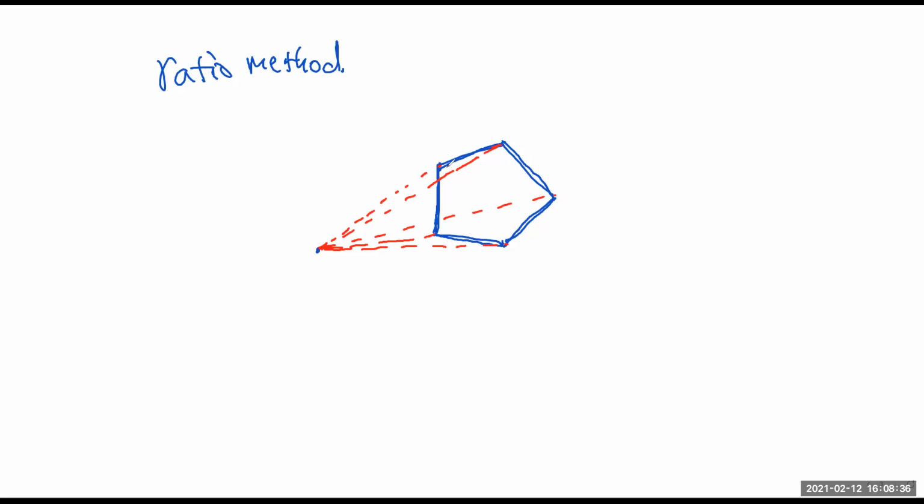So now, if you want to scale by half, all we need to do is find the midpoint between the center and each vertex. So let's say this is a half. And from here to here, maybe it's here.